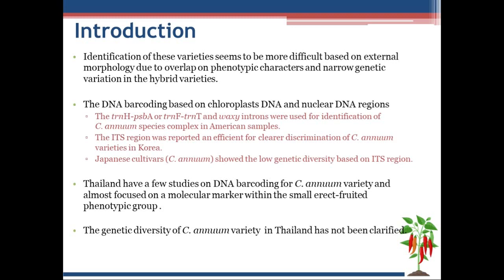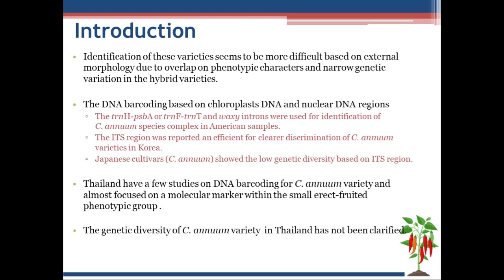In previous studies, a series of chloroplast DNA regions, trnH-psbA, trnF, trnT, and a nuclear DNA region, waxy intron, were used for identification of Capsicum annuum species in American samples.